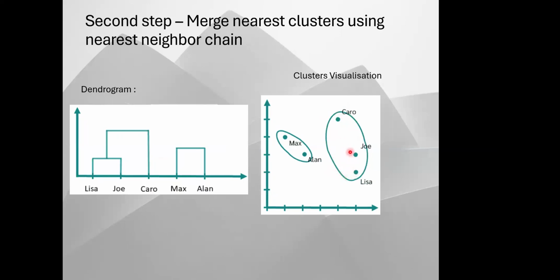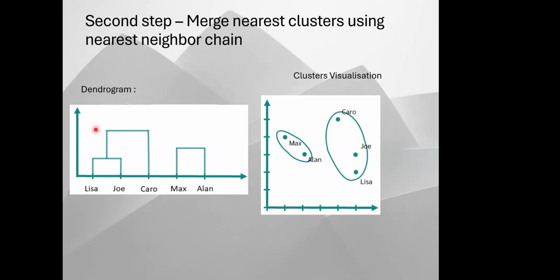Now, Lisa, Joe, and Carol are under the same cluster, so in the dendrogram they are all connected. As you can see, this one contains Lisa and Joe, and this one contains Carol, and they are both in the same cluster at this height, which means the overall distance within this cluster is at this point.